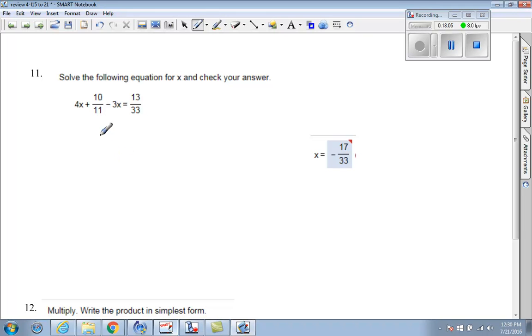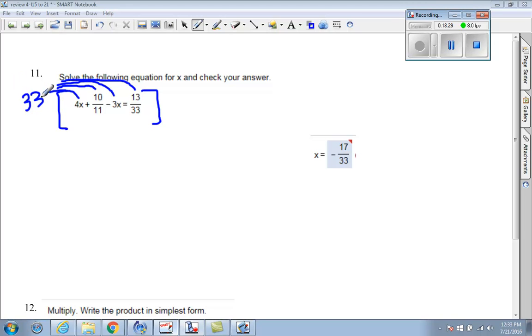Okay, with this one, we want to solve the equation that contains fractions. The method I like to use is to take the LCD of 33, 11 and 33, take the LCD and send it through to all the numerators in the problem, and poof, those fractions are going to disappear.